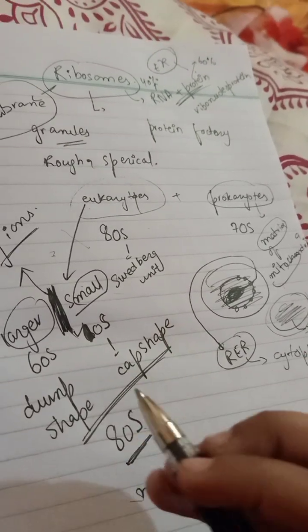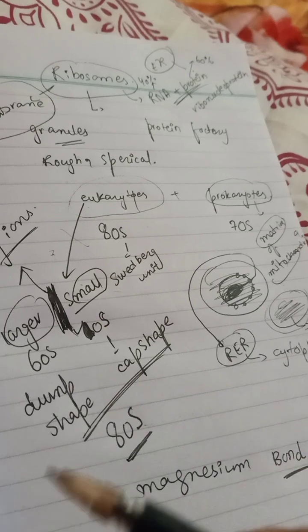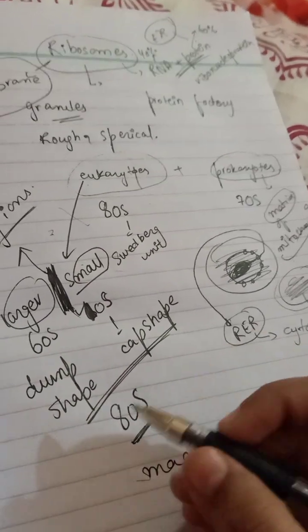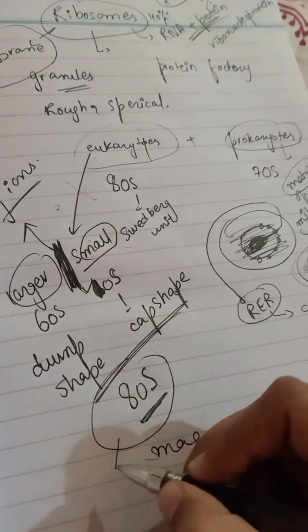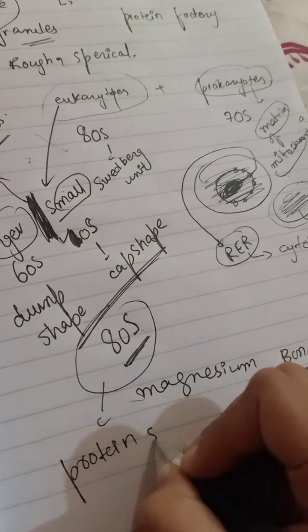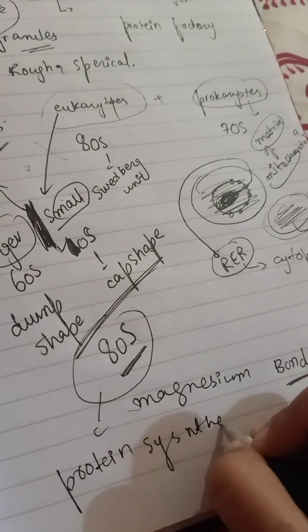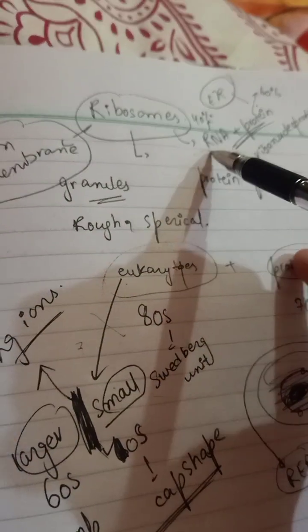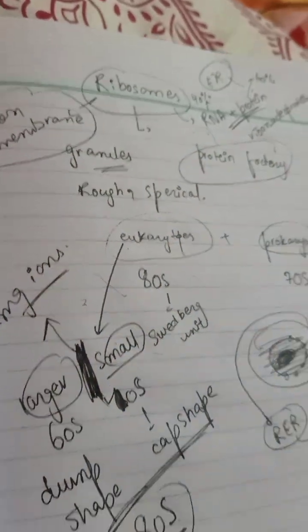These two subunits have different functions, and both are involved in the synthesis of protein. Protein is synthesized through the ribosome. In the first point I said this is the protein factory.